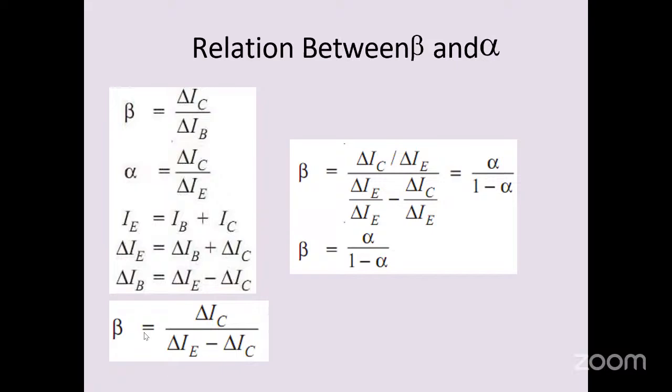Then the beta value, delta IC by delta IB, should be calculated, and that gives you alpha by 1 minus alpha.